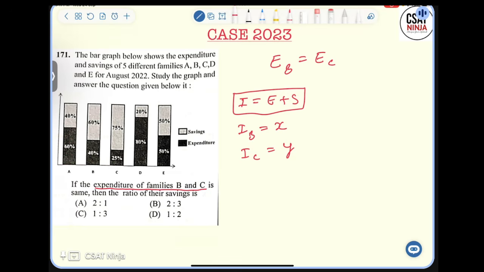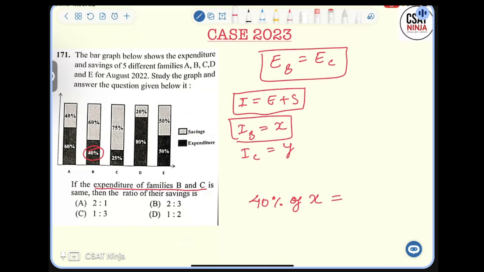The expenditure of B is how much? 40%. So expenditure of B is equal to expenditure of C. Expenditure of B is 40% of what? Of the income, which is X, equal to expenditure of C. Expenditure of C is 25%.